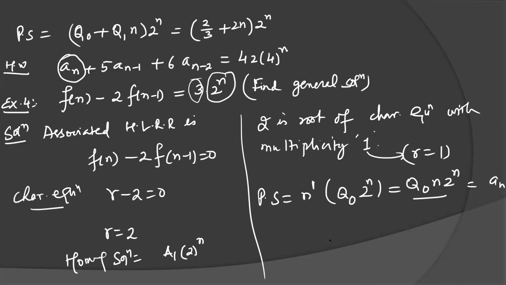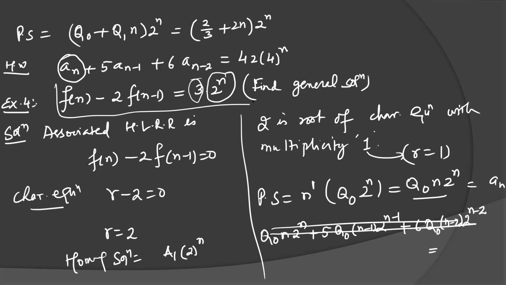Now substitute in the given recurrence relation. It will be q0 n into 2 to the power n plus 5 into q0 (n minus 1) 2 to the power n minus 1 plus 6 q0 (n minus 2) 2 to the power n minus 2 equal to... it was for this problem actually Fn equal to Fn minus 2 Fn minus 1.